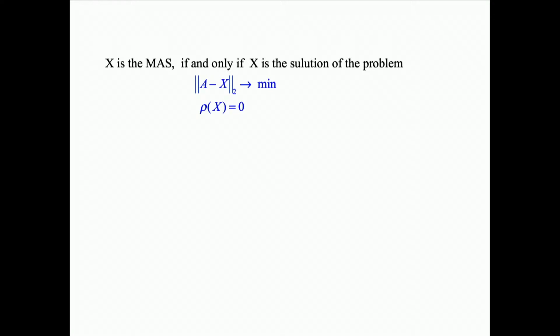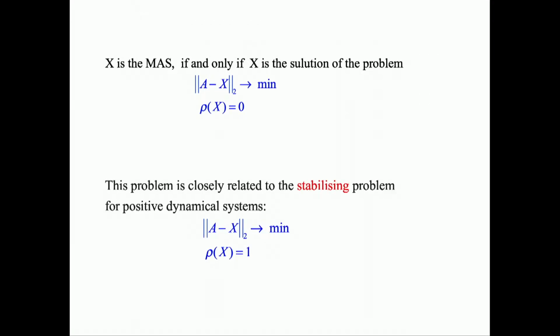We have to find the closest matrix, closest in the Frobenius distance sense, for which the spectral radius is 0. If we replace here 0 by 1, we get our problem for the closest stable matrix. So you see the problems are pretty similar, but instead of 1, we have 0 now.